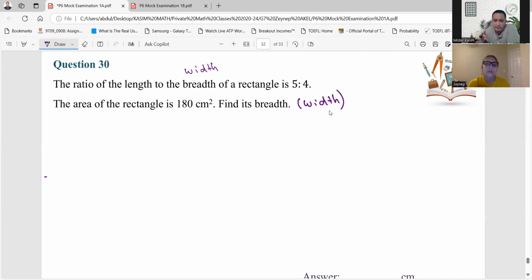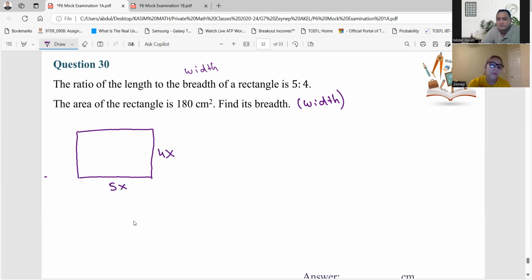The ratio of the length to the breadth of a rectangle is 5 to 4. So since we are talking about a rectangle, draw a rectangle. The ratio is 5 to 4 means that if the length is, let's say, 5x, width should be 4x. The area of the rectangle is length 5x times width 4x.